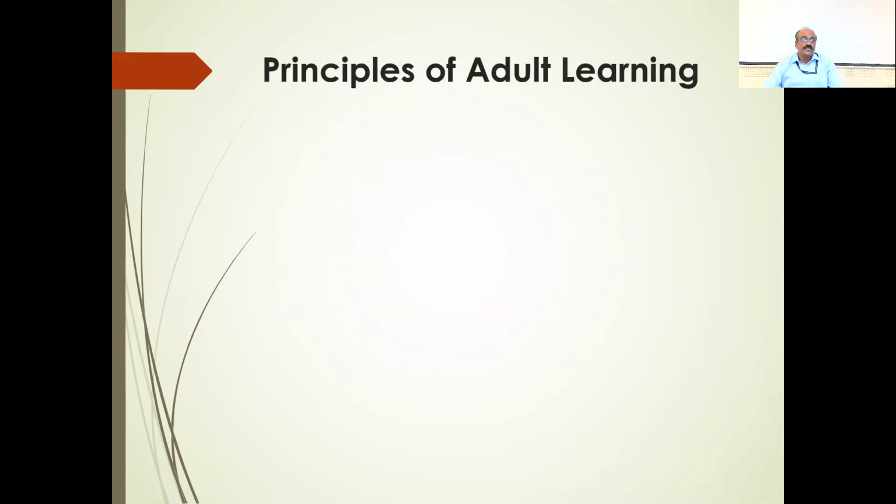Now, coming to the principles of adult learning. These are the 6 principles of adult learning. The first principle says adults are internally motivated and self-directed. Adult learners will resist learning when they feel others are imposing information, ideas, or actions on them.